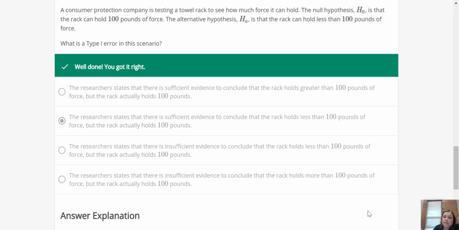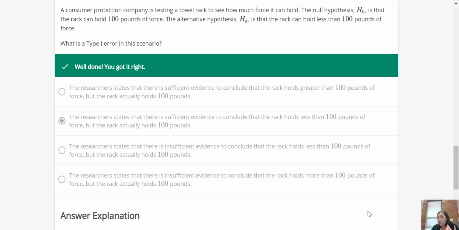So basically you're saying there's not enough evidence to support H1, when actually H1 would be the one that is true in a type 2 scenario. I would just encourage you to take your time with this particular homework assignment just because it's very wordy, and I really encourage you to write it out like I did there, so that you can actually see what the decision and the conclusion would be based off of the type of error.